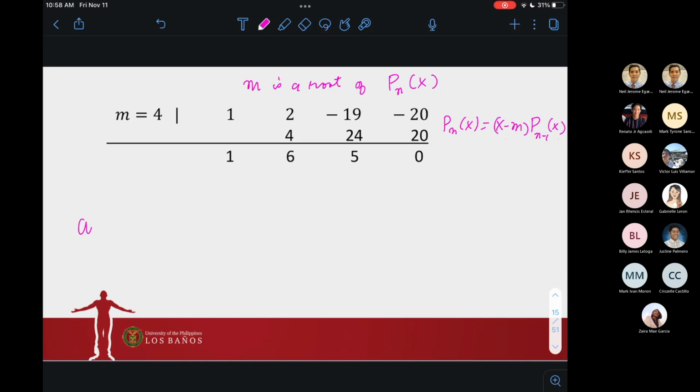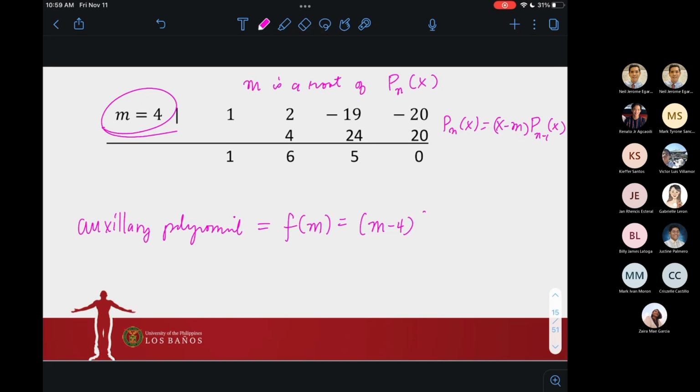So ibig sabihin yung ating auxiliary polynomial kanina na cubic ay pwede kong isulat, actually siya pala ay si f of m, ano? Pwede ko siyang isulat as m minus 4. I'm sure of that because 4 is a root of our auxiliary polynomial. So ibig sabihin factor siya ng auxiliary polynomial.